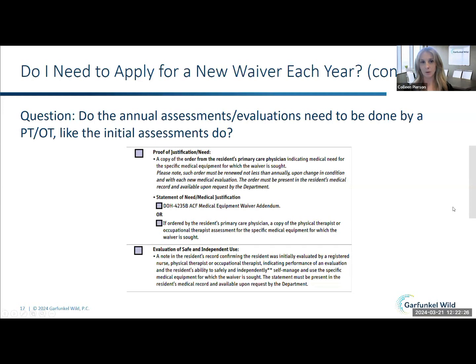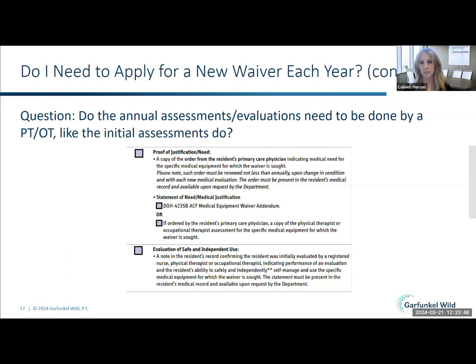So this has been a big question that providers have had surrounding the documentation that you need to submit and keep on file. So this is a screenshot of the checklist I mentioned earlier. This is just one section of it, but this is an example of, it tells you what you need to do and what you need to submit.